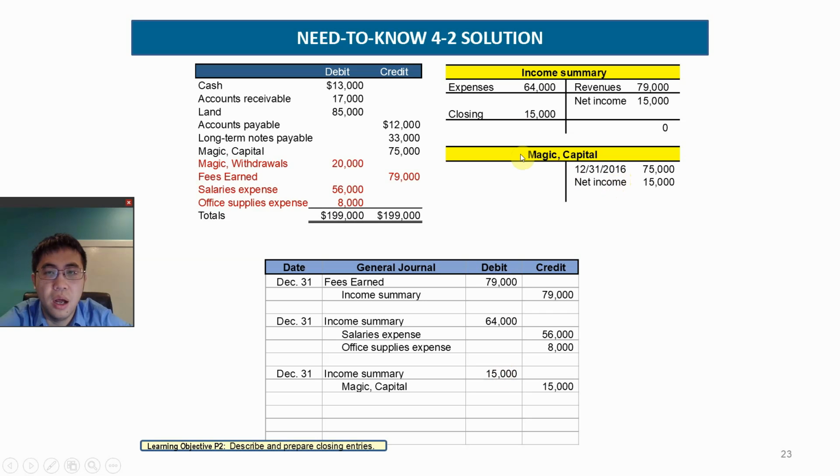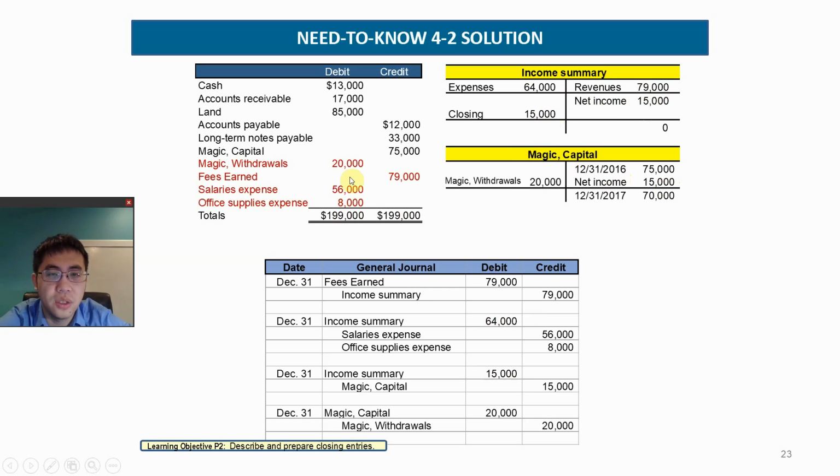And at the same time, on the owner's statement, you will see the net income increase by 15,000. So it's like your transfer is 15,000 down here, and you have to close it up there to cancel it before the transfer.